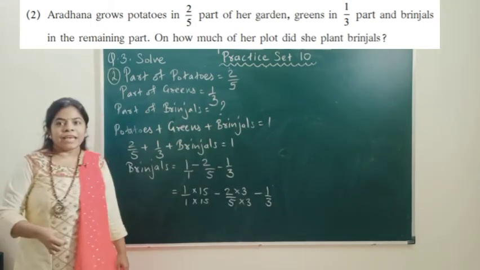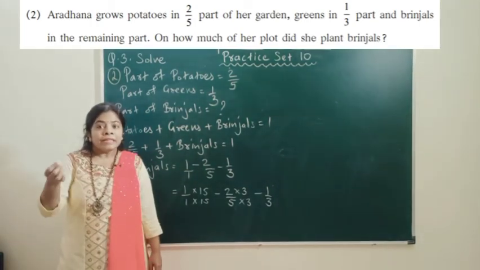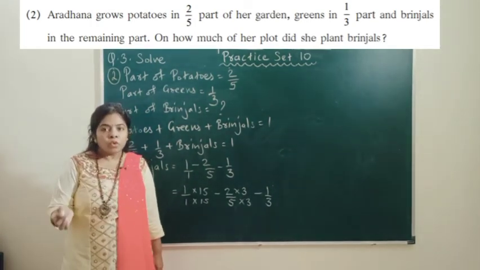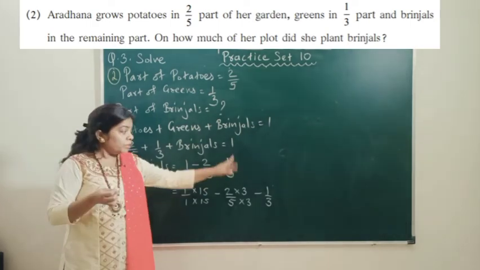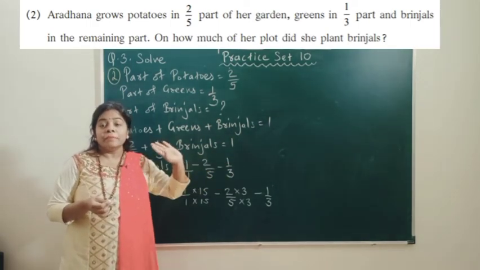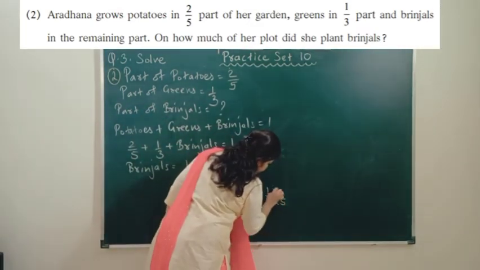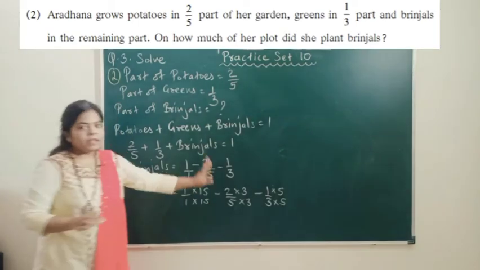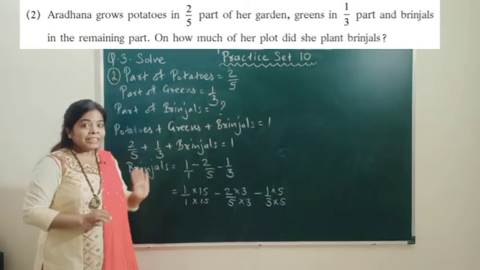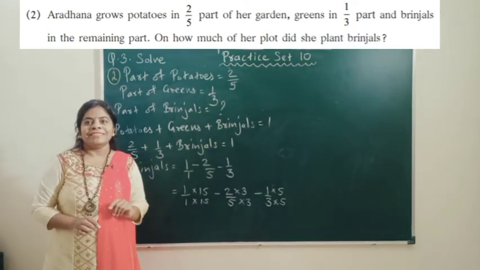Third fraction is having 3 as the denominator. 3 5s are 15. So I am going to multiply both the numerator and denominator by 5. So this is done. The most important task of the question.